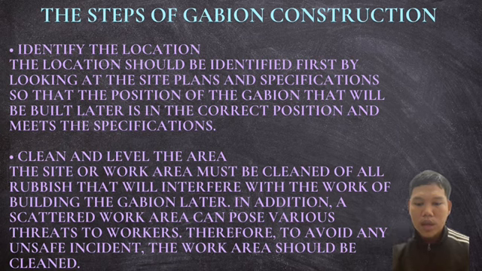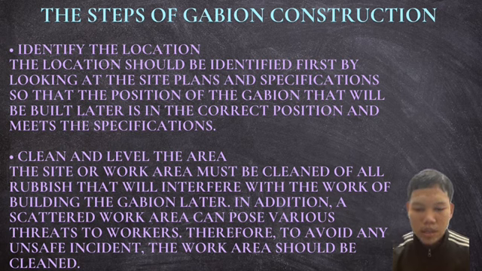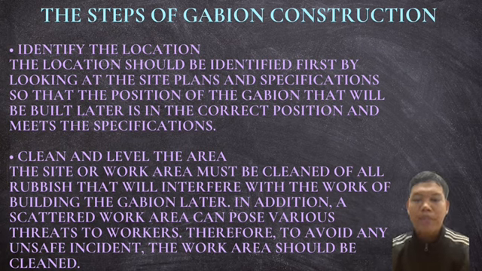The site or work area must be clean of all rubbish that will interfere with the work of building the gabion later. In addition, a cluttered work area can pose various threats to workers. Therefore, to avoid any unsafe incident, the work area should be clean.